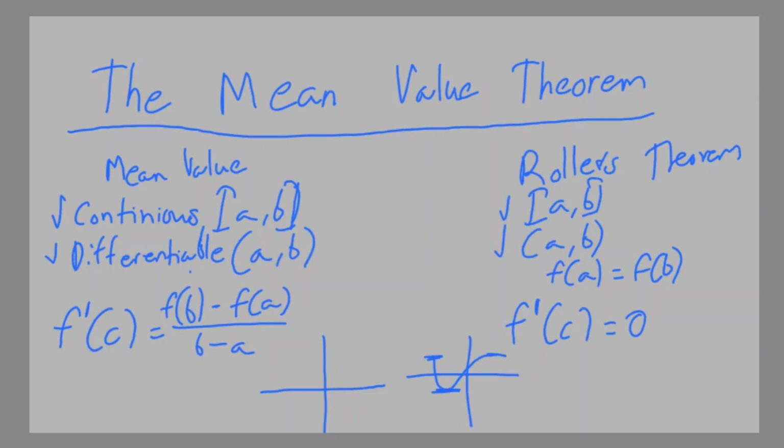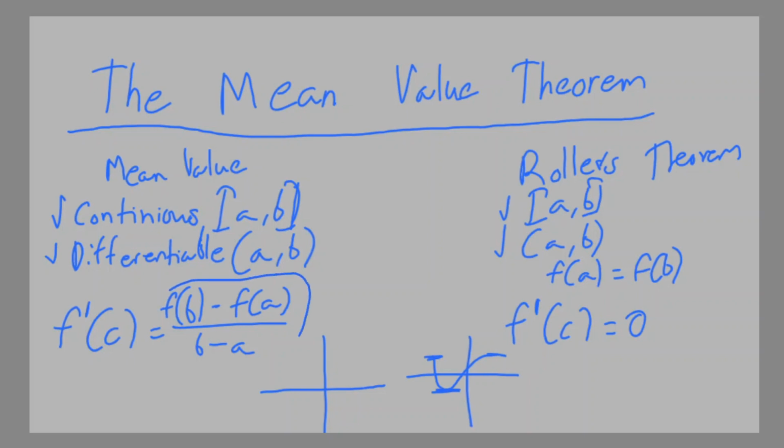The mean value theorem is basically the same thing, except it opens up to all values of c. If it is continuous on the interval of a to b and differentiable on the interval of a to b, then there should be a c value at which f'(c) is equal to (f(b) minus f(a)) over (b minus a).